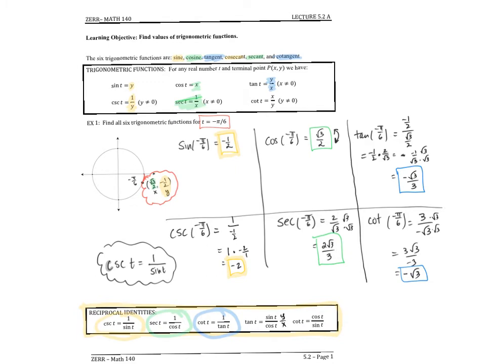Since sine is y and cosine is x, you could also think of that as sine over cosine, and likewise with your cotangent, because cosine is x and sine is y. So really sine and y, those are the same. Cosine and x, those are the same, on the unit circle. There we have it, learning how to find the values of trig functions on the unit circle. Okay, let's do one more example.